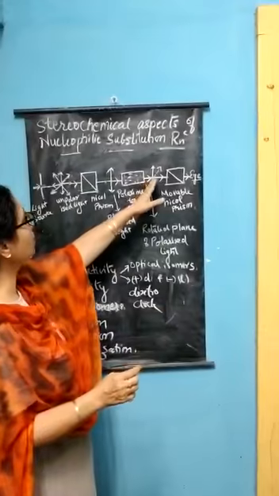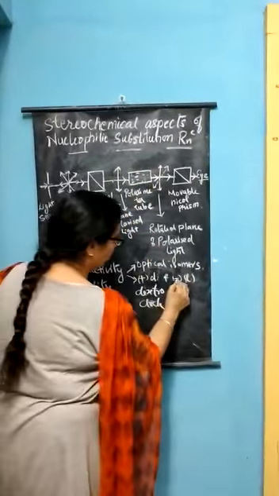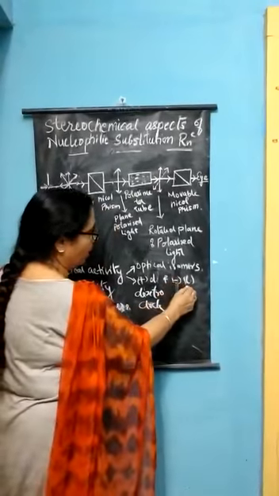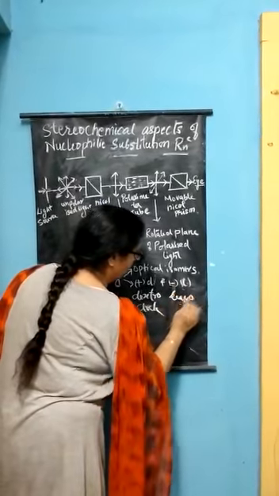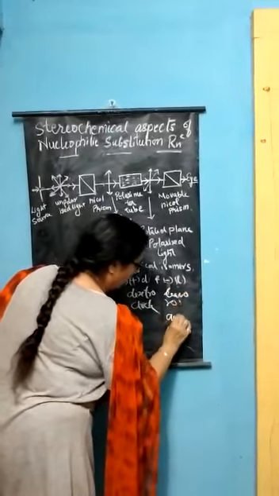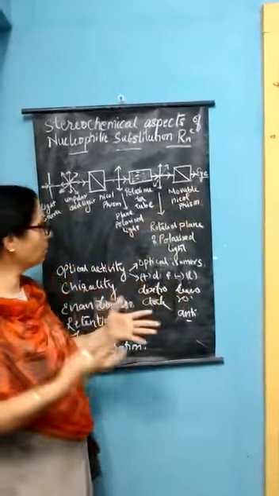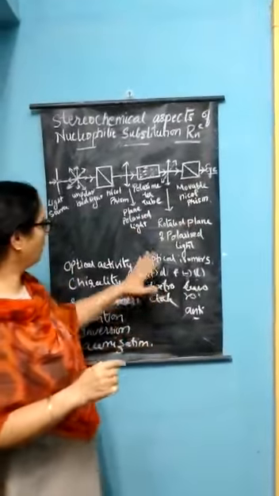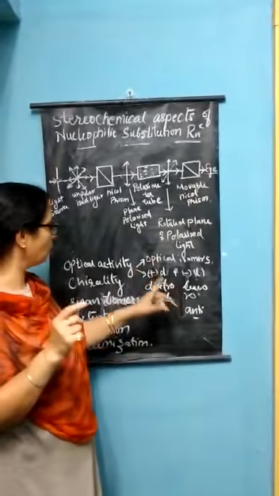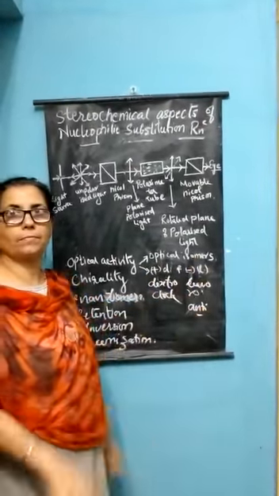But when it changes its direction anti-clockwise, it is represented by the negative sign, and it is known as levorotatory. With that, you will come to know whether the substance is optically active or not. It shows 2 types of isomers: one is dextrorotatory and another is levorotatory.